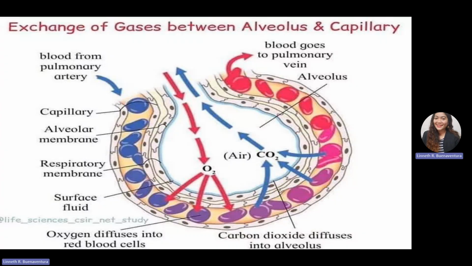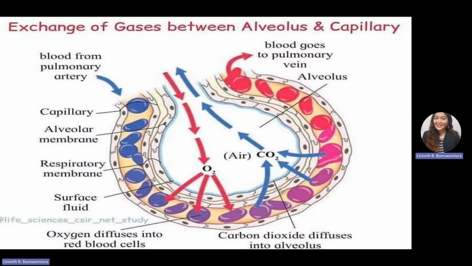So this is the process of gas exchange between the alveoli and capillary. As you can see, the blood from the pulmonary artery will enter, consisting of poor oxygen or deoxygenated blood.